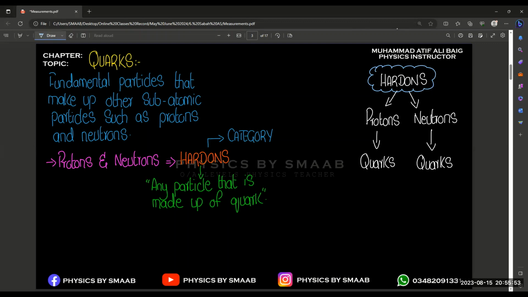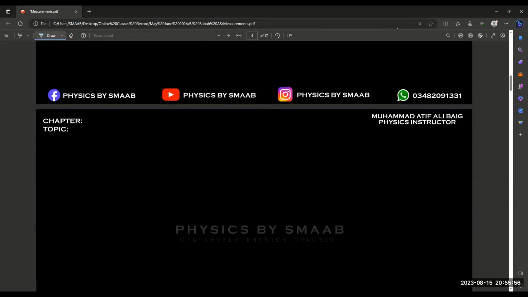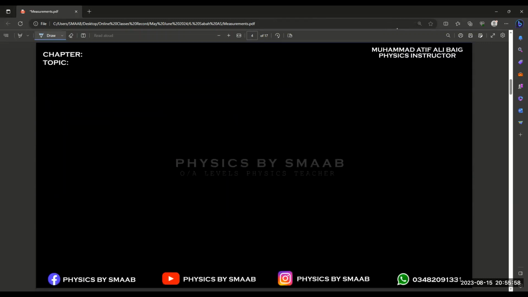No confusion. Okay, so the next concept is related to the names of the quarks, and basically we write flavors of the quarks. To make a proton, neutron or any particle from quarks, there are different particles, but we are only talking about the general case. There must be a combination of two or three quarks that makes a new particle.